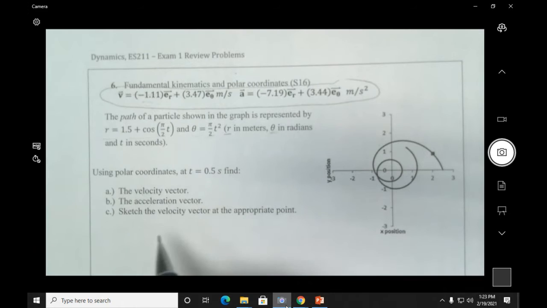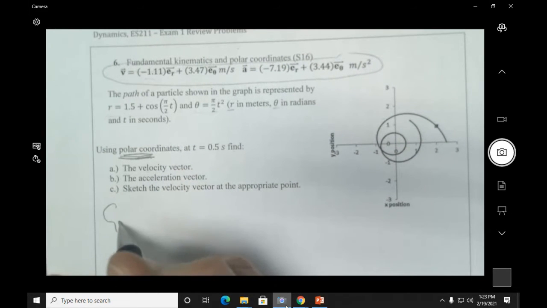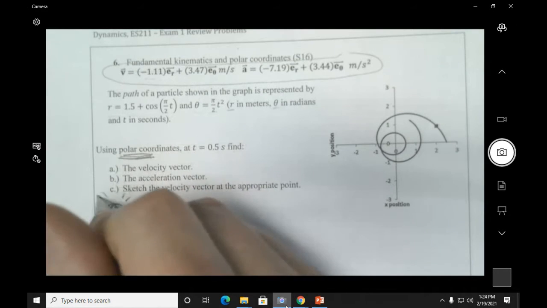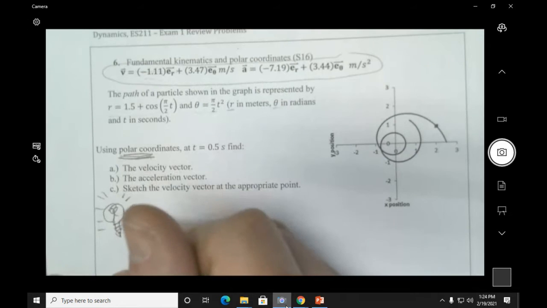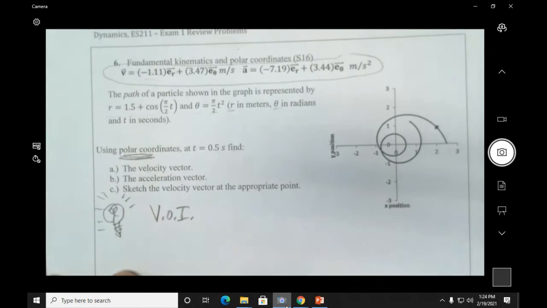Somebody's imagination was involved. So what we want to do in polar coordinates, when we see that, our brain should think, light bulb. What should be triggered is the variables of interest.